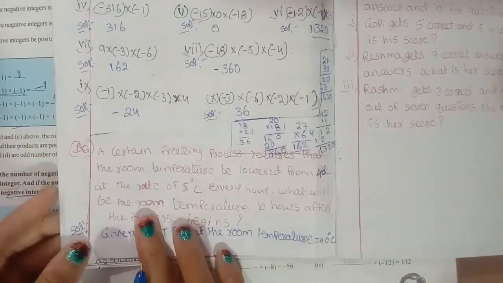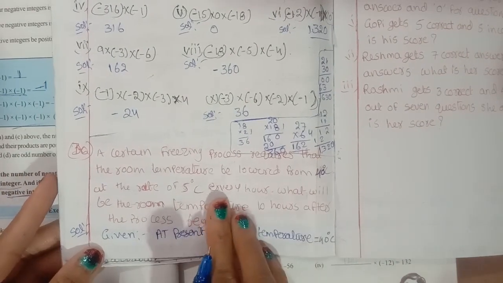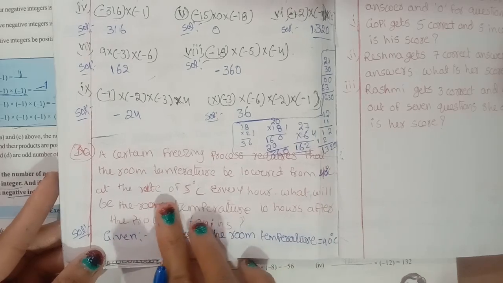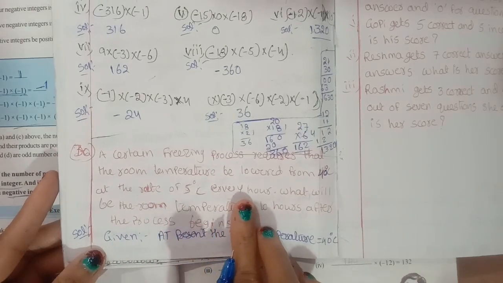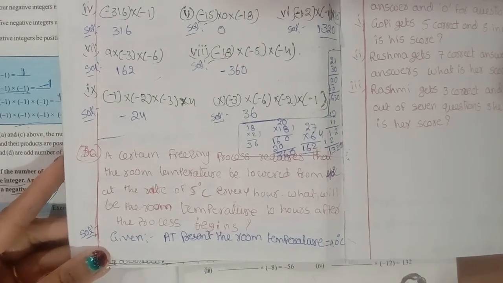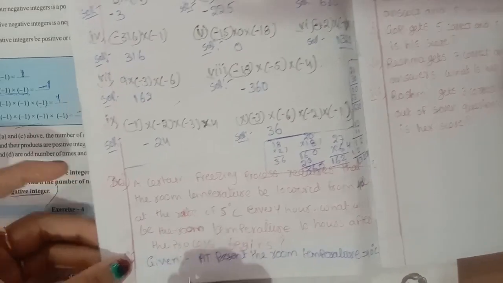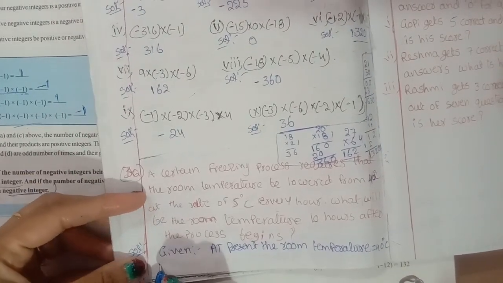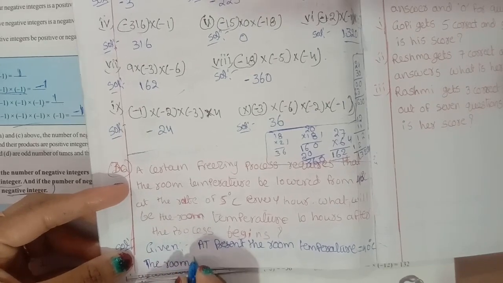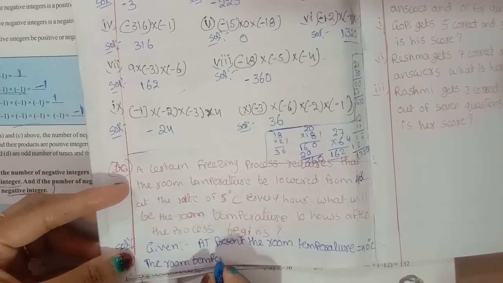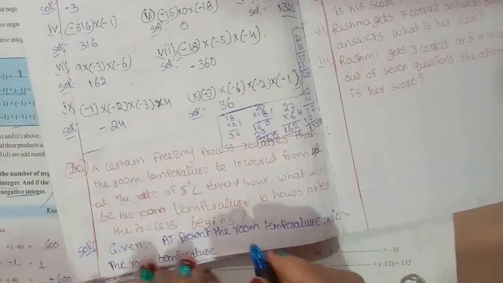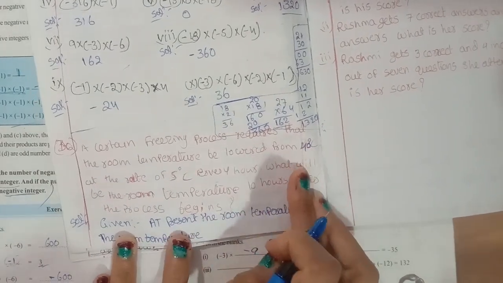Okay? Next, the room temperature is decreasing every hour. Lowered means decreasing only.